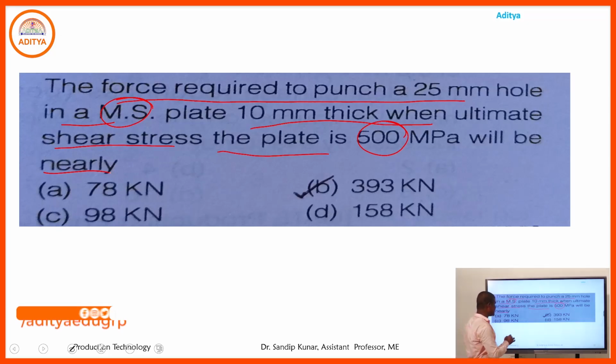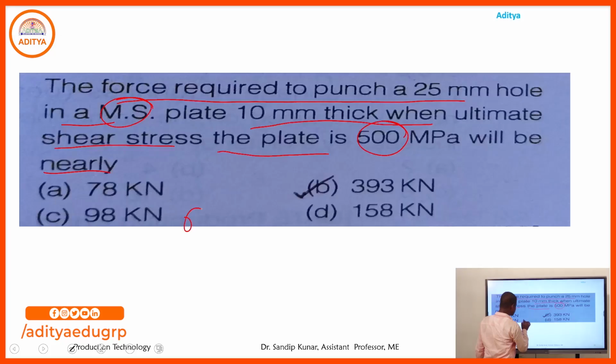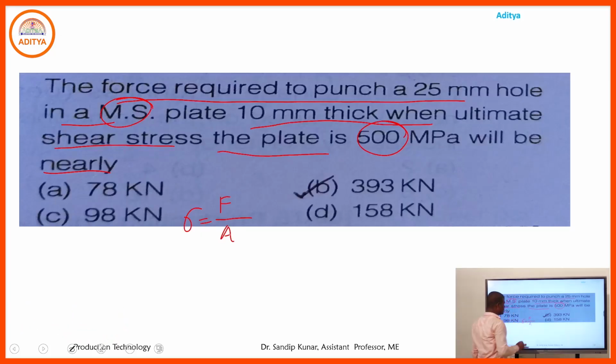We know shear stress equals force by area. Shear stress is given as 500 megapascal, hole size is 25 millimeter, and the thickness of the sheet is 10 millimeter.